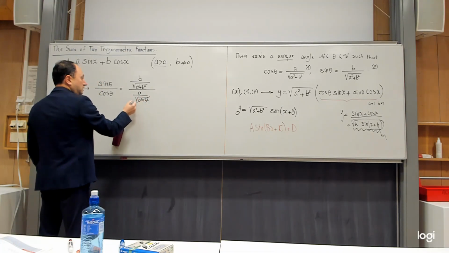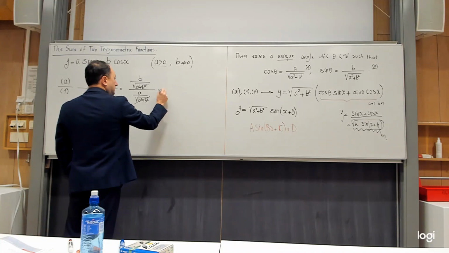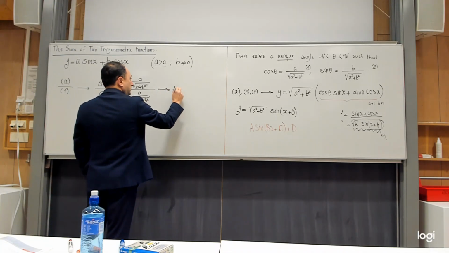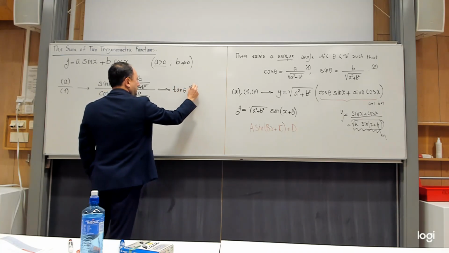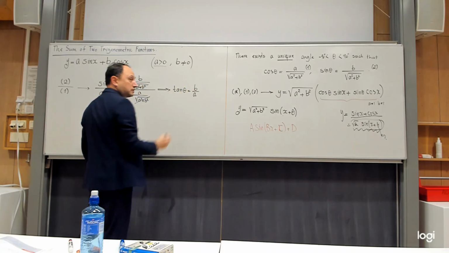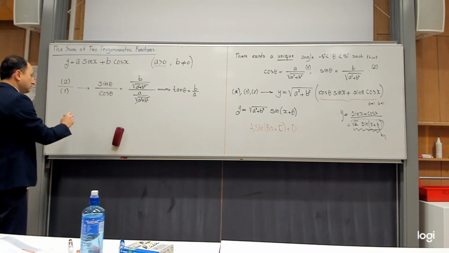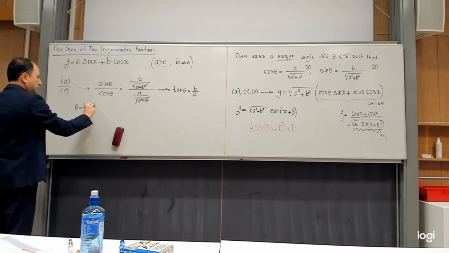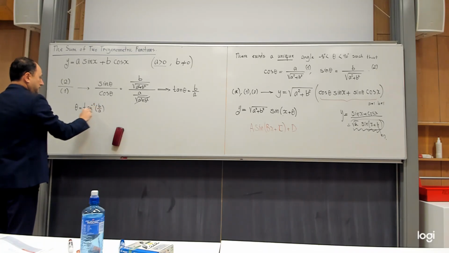And then this one and that one are gone. So what I get is this one is tangent, and this one is b over a. Yes? But I am looking for theta, and you know that.